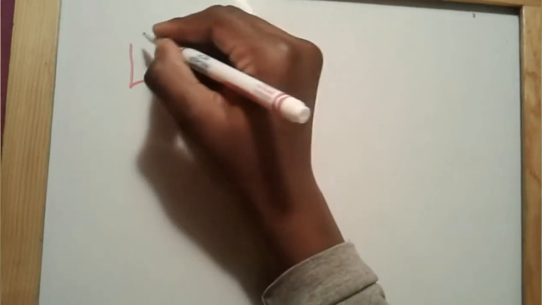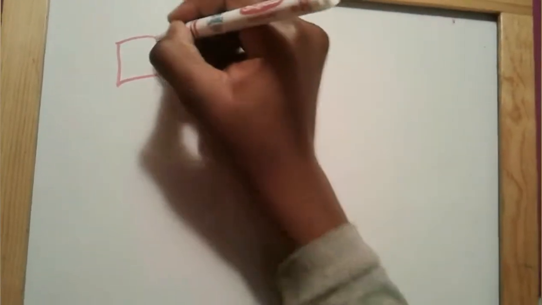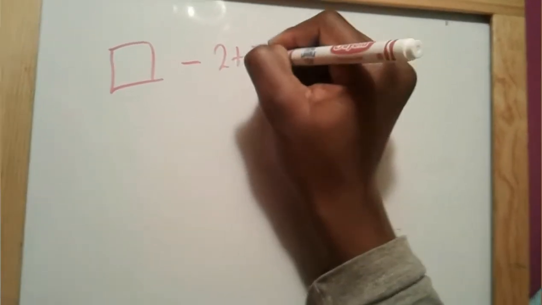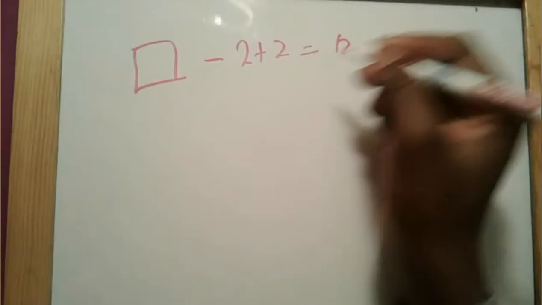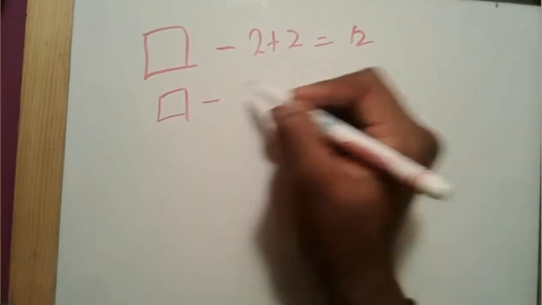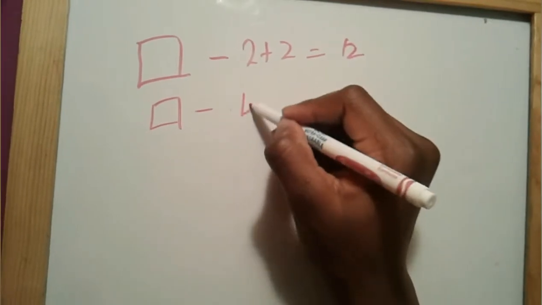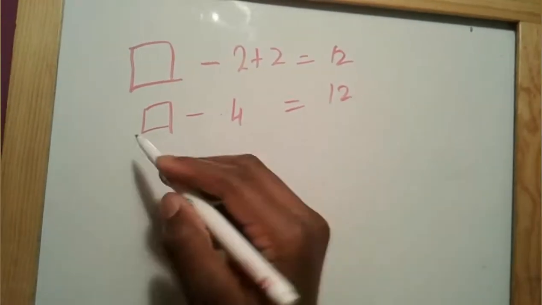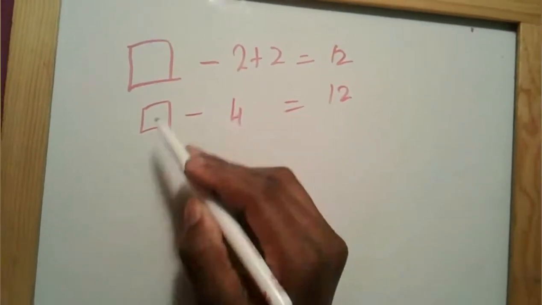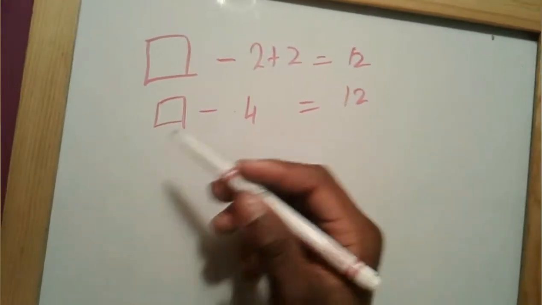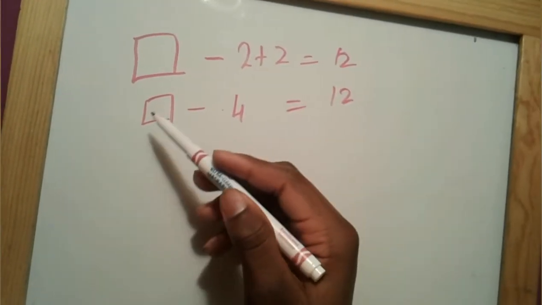Questions normally come with the letter that you are finding first, and sometimes they come in boxes, like box, subtract 2 plus 2 is equal to 12, and you just do the same thing. They replace the letter by the box, and some people replace the box with the letter.